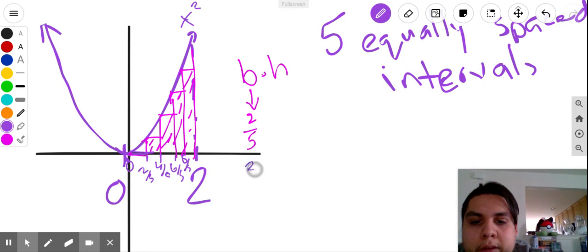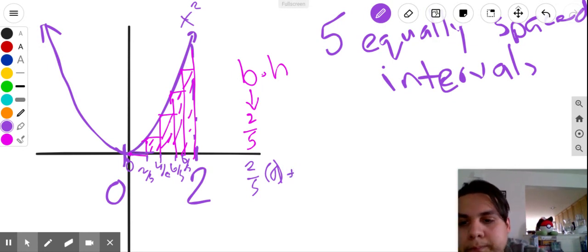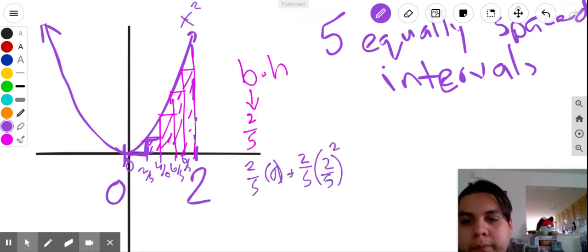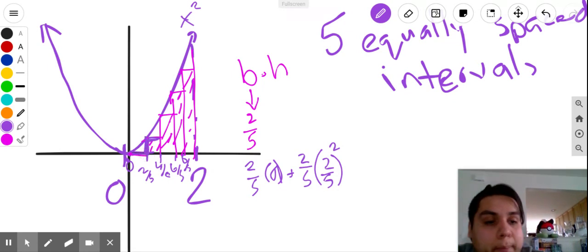So it would be 2/5 times 0 plus, well, this one went up, then it went over. Starting at 2/5, that's the base, times the height, which would be whatever I get from 2/5 squared. Because that tells me, when x is equal to 2/5, how far off the ground the curve is.